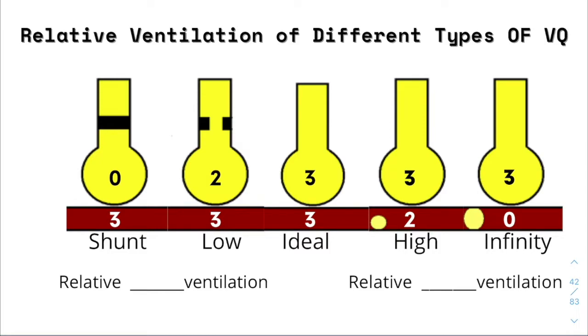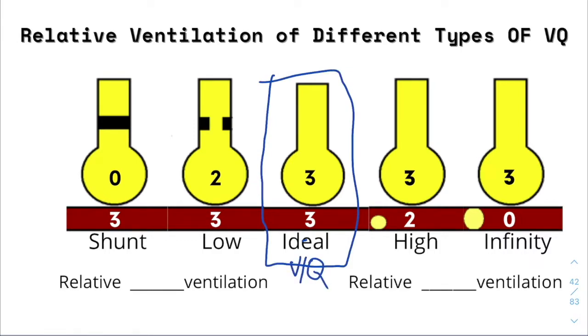Okay, so let's discuss what would be the relative ventilation of the different types of ventilation perfusion problems. So this is the ideal setup wherein you have 3 liters of gas over 3 liters of cardiac output or perfusion. So you have a VQ of 1.